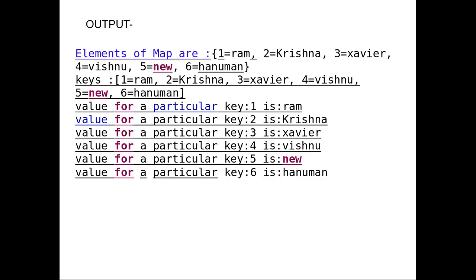Elements of map are 1 equals Ram, 2 Krishna, 3 Xavier, and so on, and keys are 1, 2, 3, and so on, and values of a particular key, 1 is Ram, 2 is Krishna, 3 is Xavier, by using the Entry class reference variable mp.